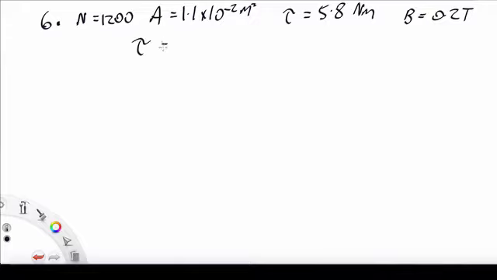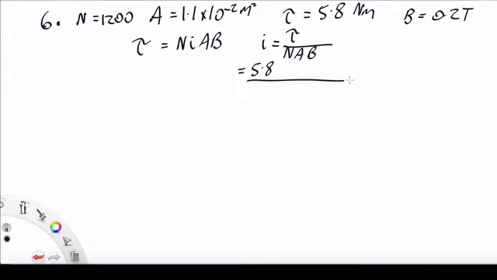So we know that the torque is N I A times B, and therefore we have current equals torque over N times A times B. So that will be 5.8 over 1200 times 1.1 by 10 to the minus 2 times 0.2, and that gives us 2.2 amps.